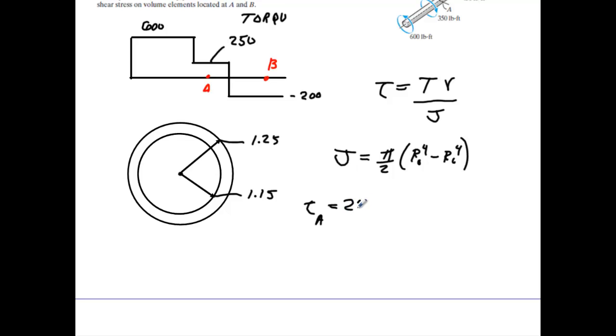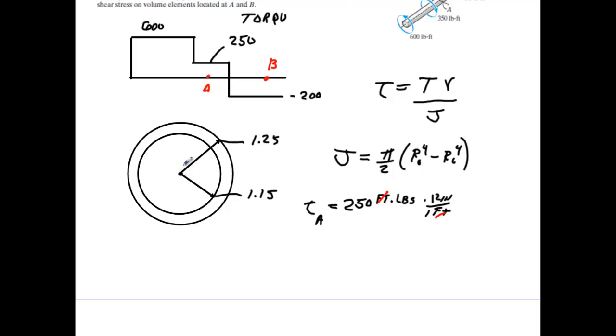Now this is in foot-pounds, and we've got to get back to inch-pounds, so I multiply that by 12 inches over 1 foot. Feet cancel out.